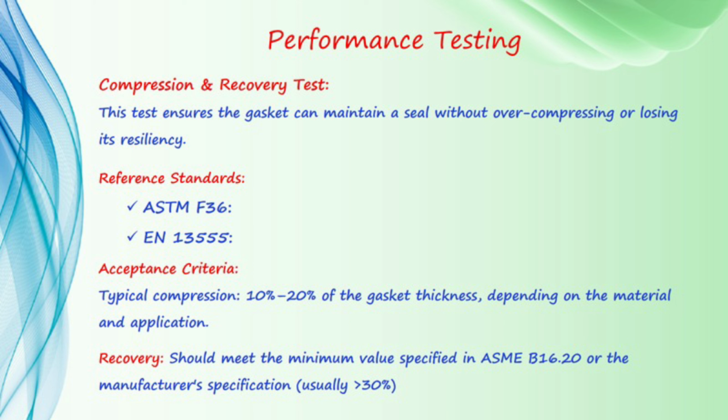So these two tests, or we can say performance tests of the gasket, are very important, as the spiral wound gasket plays a major role in sealing performance. The QC inspector has to verify this requirement based on the specific project specification or PO specification relevancy.